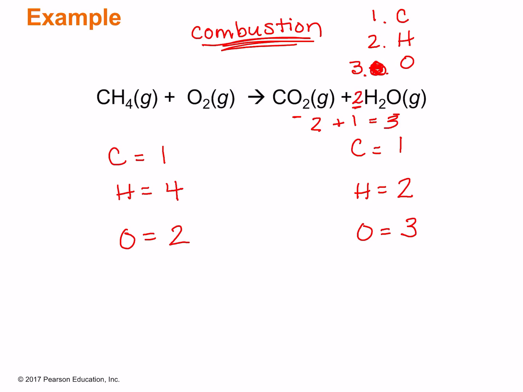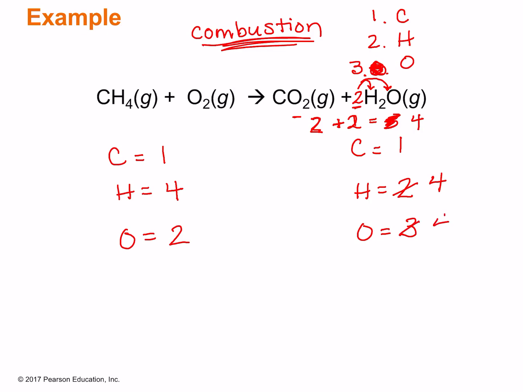So we'll put a 2 there, which will change this to 4. And so when we do that, that also is changing our number of oxygens on this side though, because that 2 gets multiplied. So now we have 4 hydrogens, yes, but we also have 2 oxygens. So total on this side, we have the 2 coming from carbon dioxide plus now 2 coming from the water, which gets us 4 total on this side.